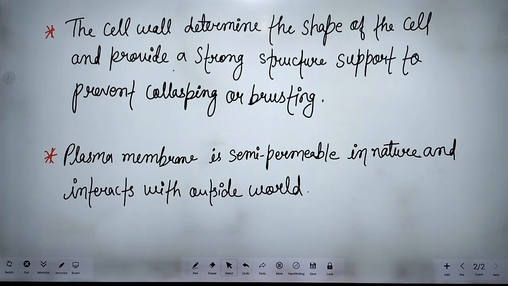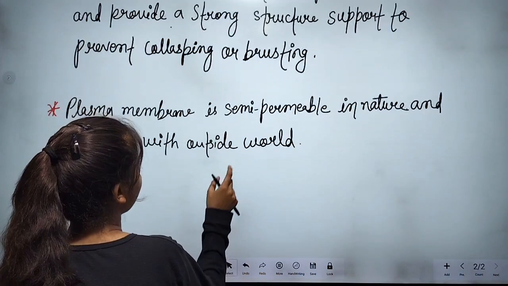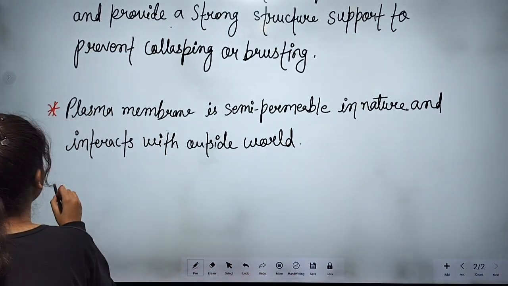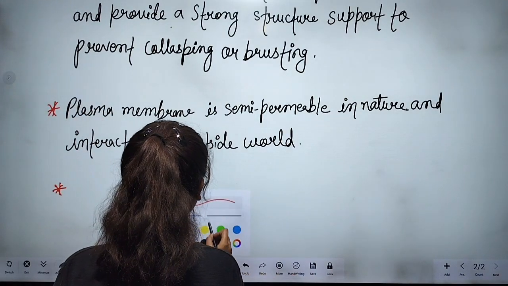Now after that, our next point is also related to the plasma membrane.